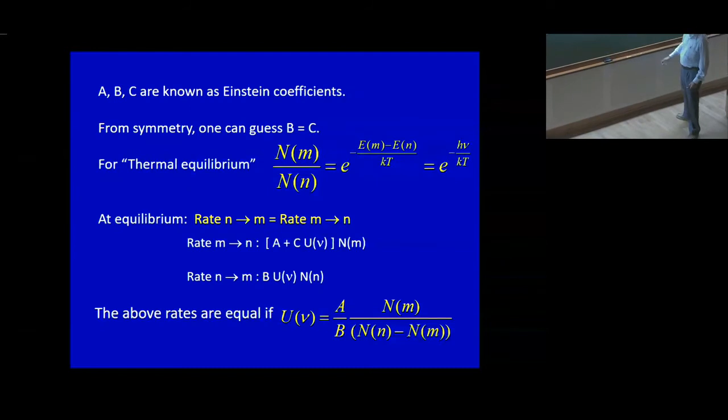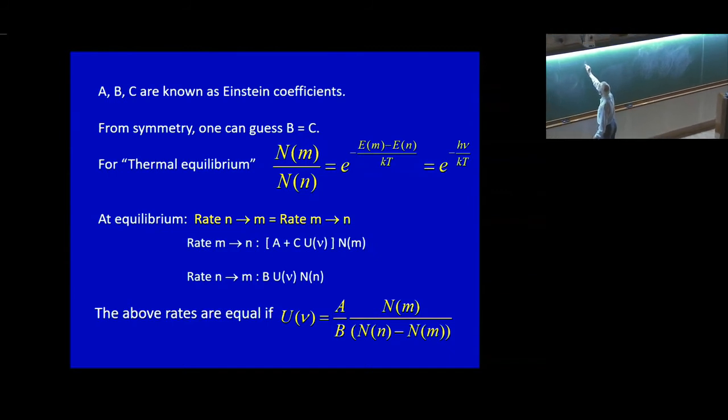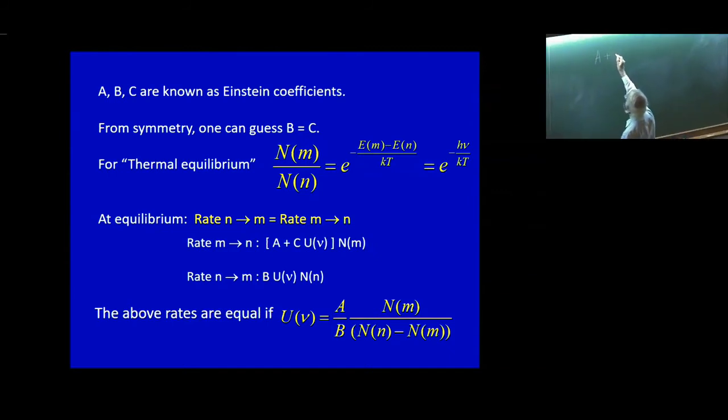At this point, let me take you through the algebra. So what we have is (A plus C U) into N of M is equal to B U into N of N. We will equate B and C by symmetry.